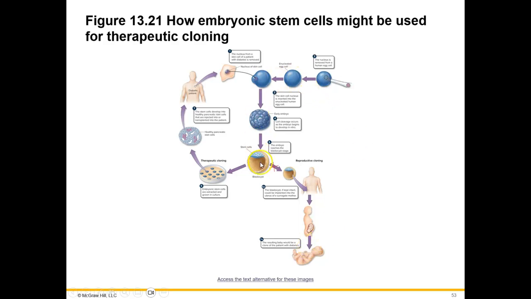But because we're doing this cloning for the purpose of healing a patient, that's what we have with therapeutic cloning, where we are harvesting the embryonic stem cells with the nucleus from the patient to overcome immune rejection and lead to immune acceptance of those new embryonic stem cells.